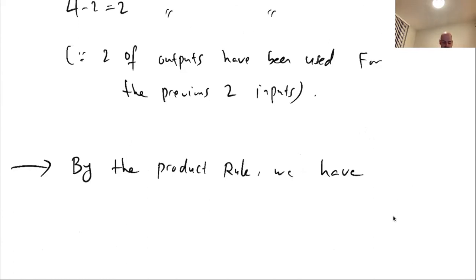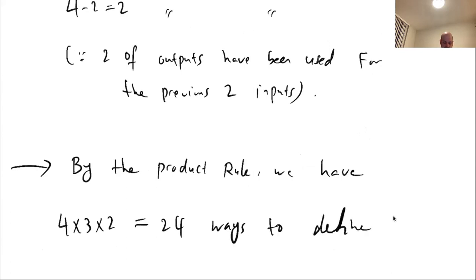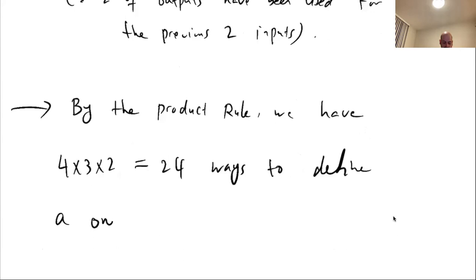We have 4 times 3 times 2 equals 24 ways to define a one-to-one function f with domain A and codomain B.